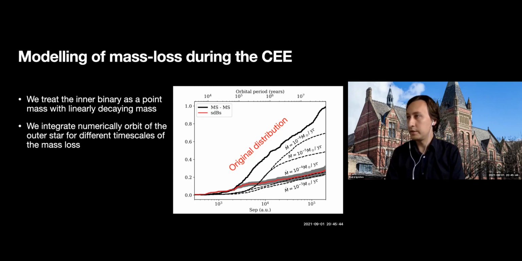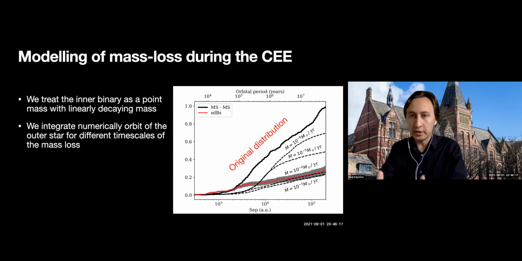There is a significant difference between our simulations and observations around 2,000, 3,000 astronomical units, which is probably related to the limited resolution which we have in Gaia, because our comparison sample is located exactly at the same distances as the SDB sample. It means we cannot really resolve orbital separations less than 1,000 or 500 astronomical units using Gaia.